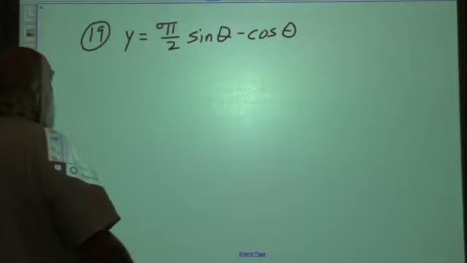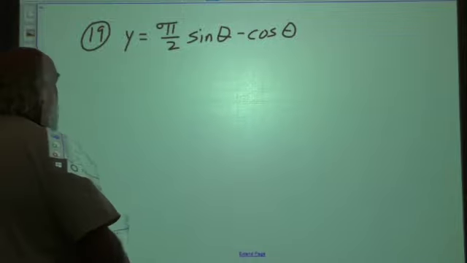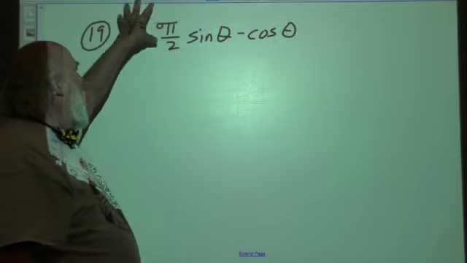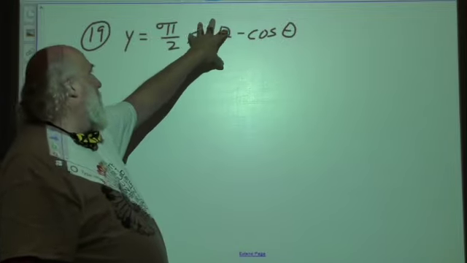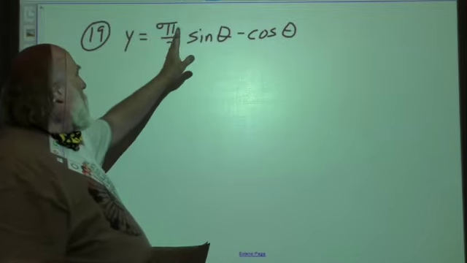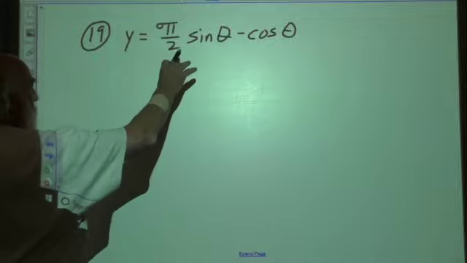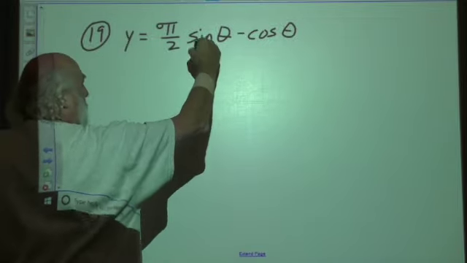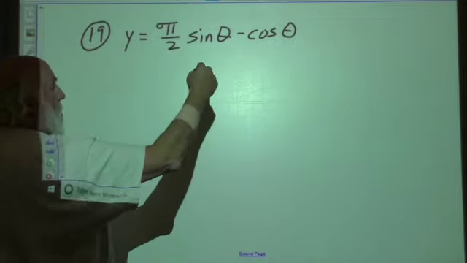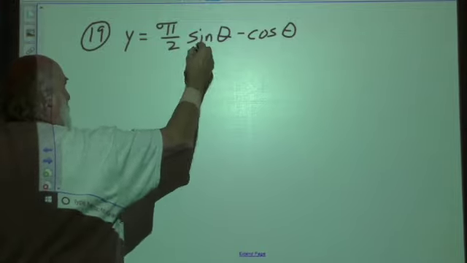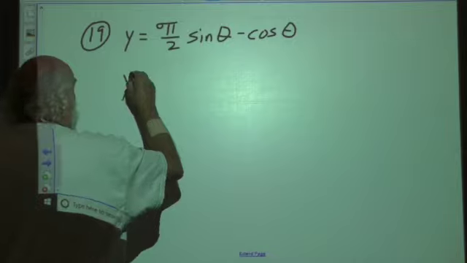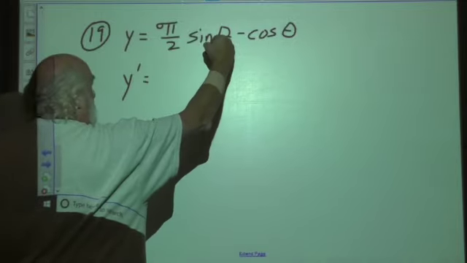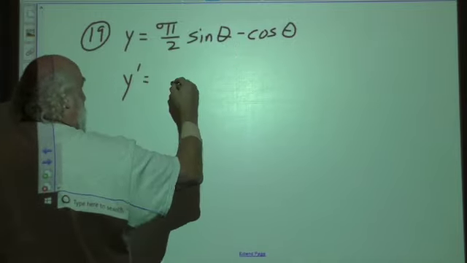Now, if this had said just y equals pi over 2, that would be equal to 0. But since this is multiplying this out, we simply remove the pi over 2 and just treat this like we would, like I said, 2x cubed, and we just take the 3 over and do that. But we're going to find the derivative then of this by taking the derivative of sine of x, which we know is cosine x.